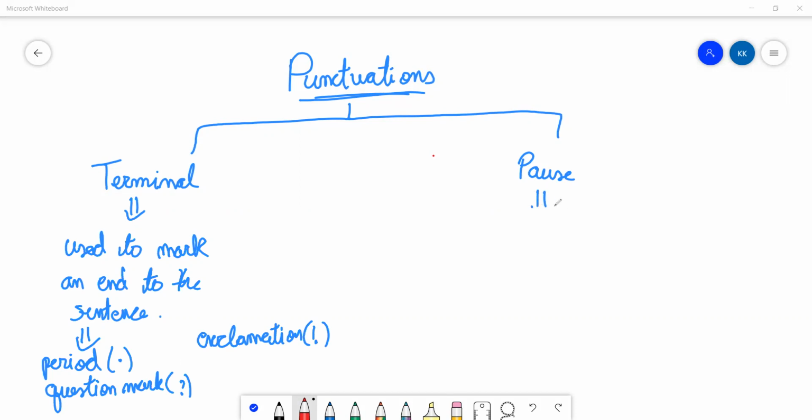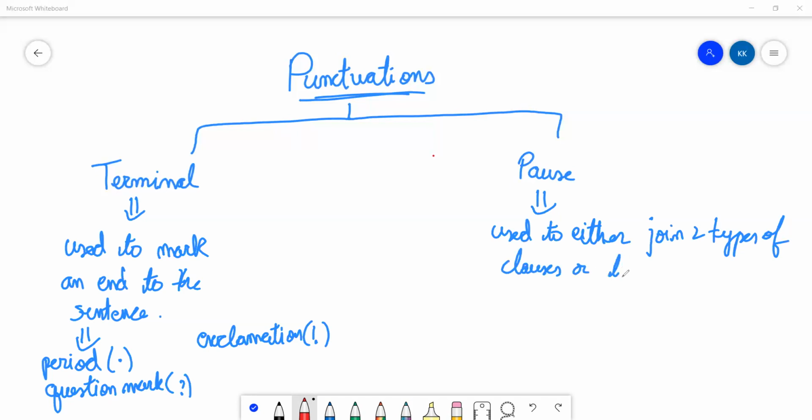And pause punctuations are punctuations used to either join two types of clauses or to show a deliberate pause. Now, when we are trying to show a deliberate pause, this part is not for SAT.